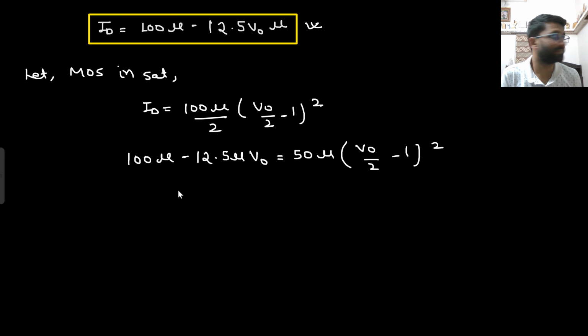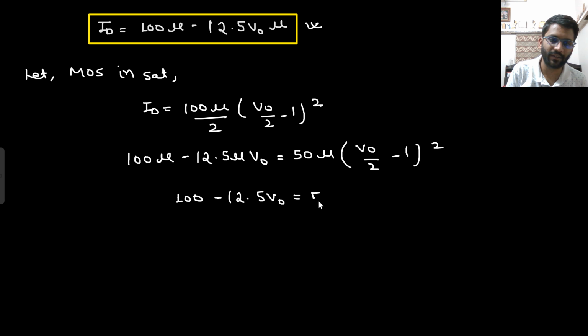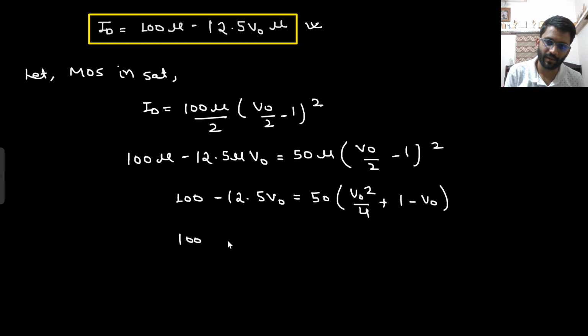Now micro will get cancelled. 100 minus 12.5 V naught, and this is 50 here. This will be V naught square by 4 plus 1 minus V naught. So 100 minus 12.5 V naught.